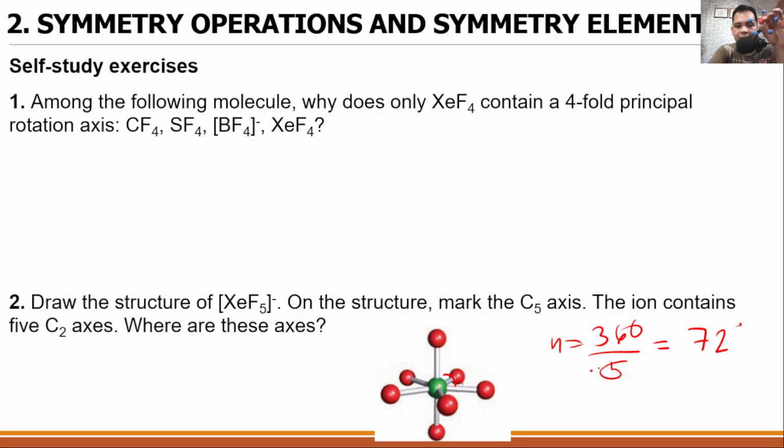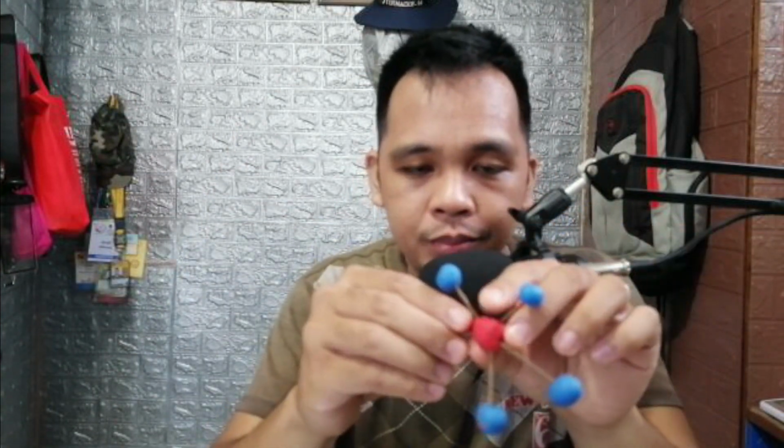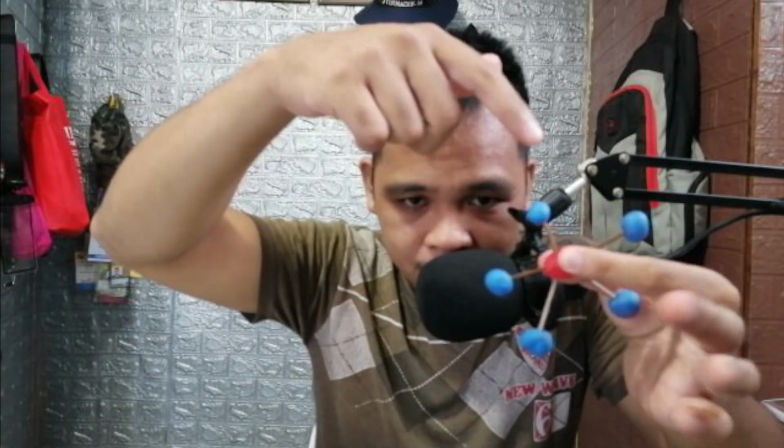The C5 axis you will notice here, of course, I can't draw it here because the clay can't handle it. The C5 axis occurs, of course, at the top. Here is its C5 axis. The C2 axes of our xenon pentafluoride are here, through all of its terminal atoms or the bonded molecules.